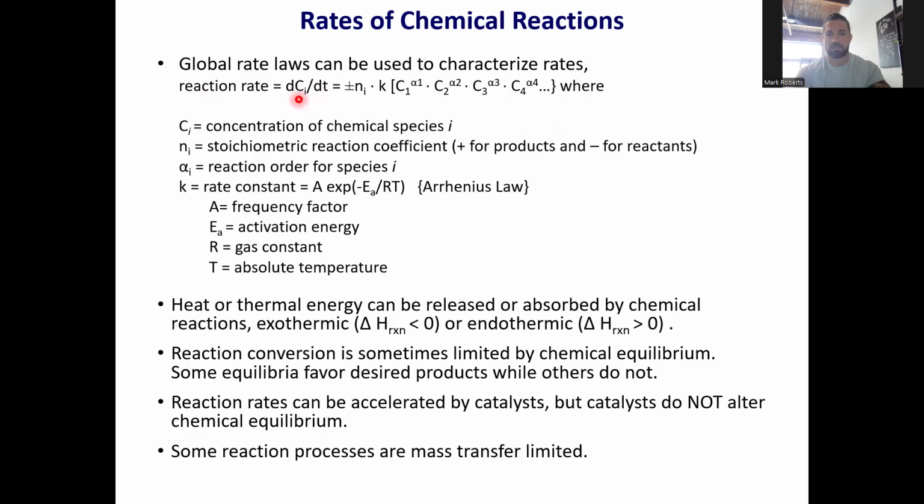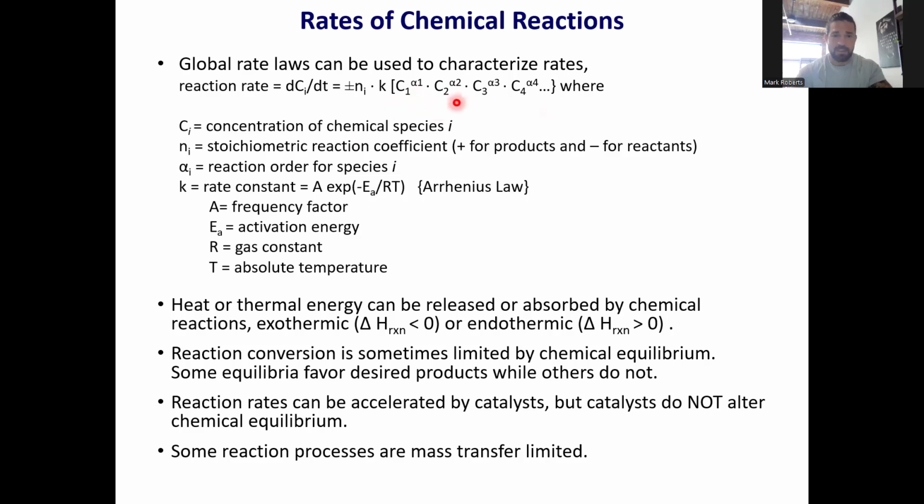So again, either the consumption of a reactant or the production of a product, so that would be the rate of change of a concentration, is equal to or proportional to some sort of stoichiometric coefficient, reaction rate constant, and concentration of chemical species raised to a specific reaction order.